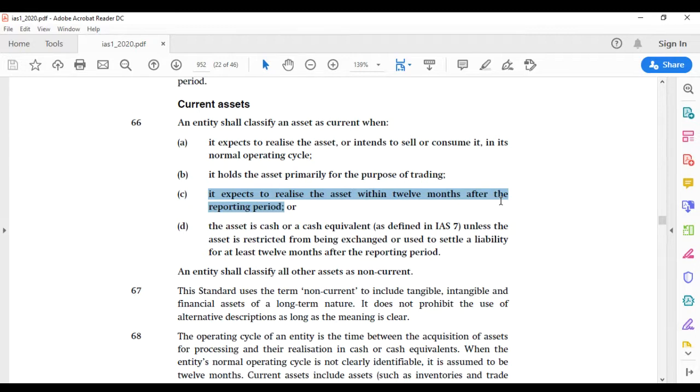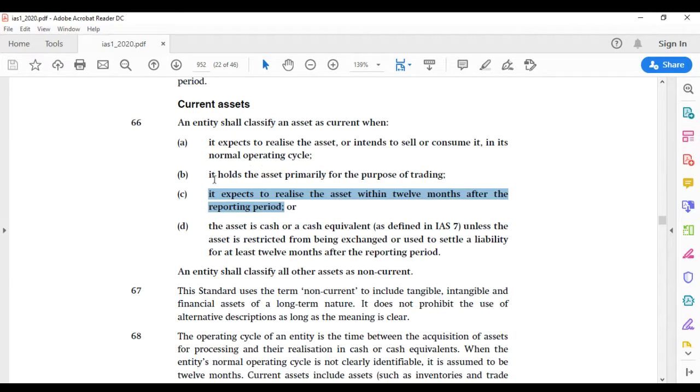So if the company's financial year ends on the 31st of December 2019, and you are drawing up the financial statements for that year, and you expect that asset to be sold or disposed of or realized before the 31st of December 2020, it means you're going to classify it as a current asset.